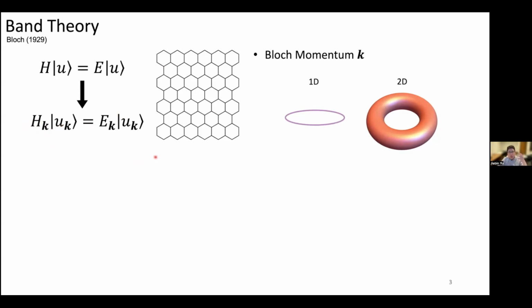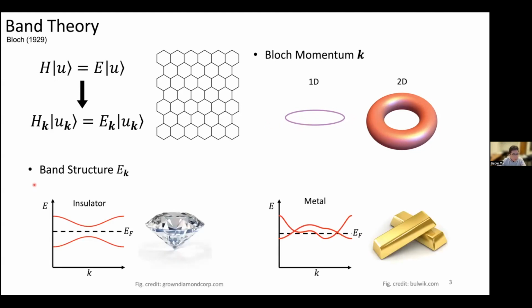And the Bloch momentum does not live in infinite continuous space. It lives on a circle in 1D, a torus in 2D, and higher dimensional generalizations of the torus in higher dimensions. And the energy is just a function of the Bloch momentum for band structure.